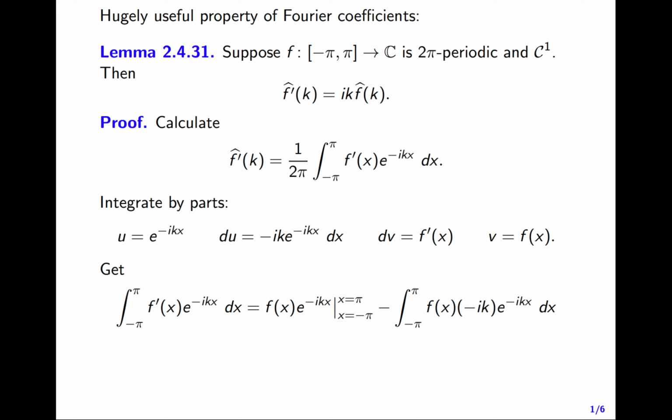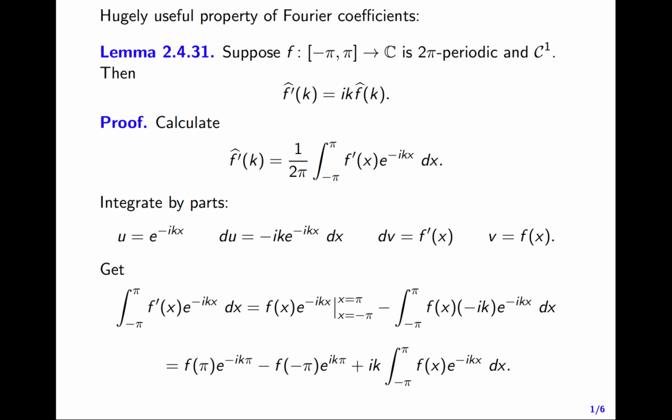And then we'll subtract off the integral from minus pi to pi, f of x times minus ik times e to the minus ikx dx. And so this turns into f of pi times e to the minus ik pi minus f of minus pi times e to the ik pi plus ik times the integral from minus pi to pi, f of x e to the minus ikx dx.